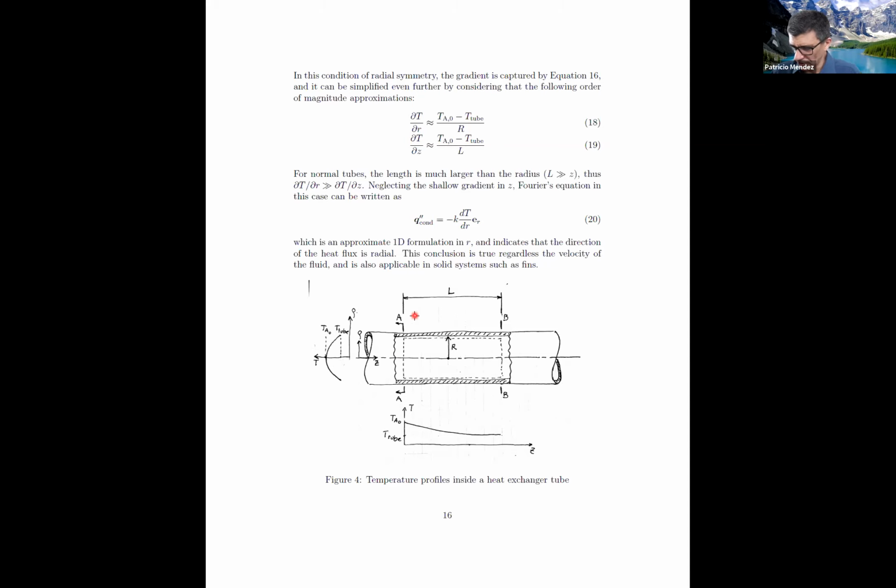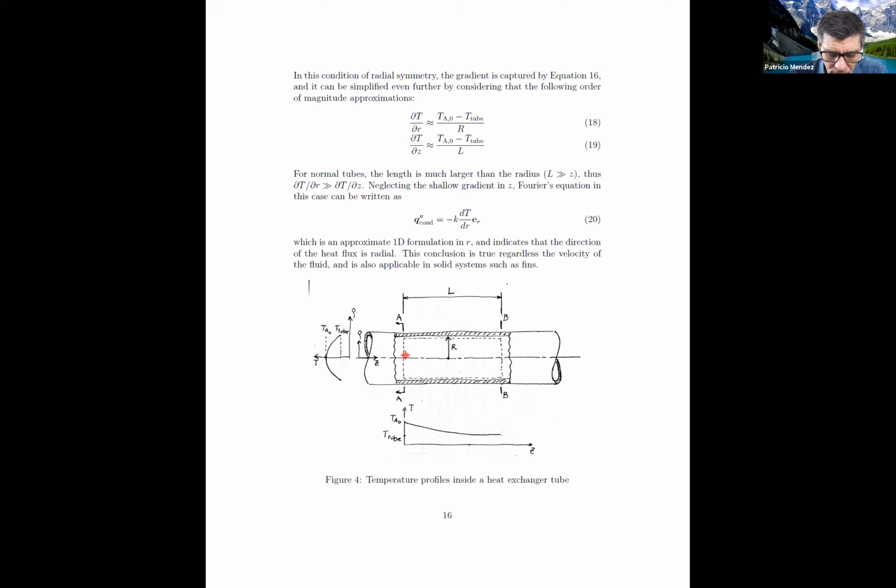Okay, so if there is no contact resistance, the fluid has the same temperature as the surface of the tube, right? And so all over this wall, the fluid has the same temperature as the tube.